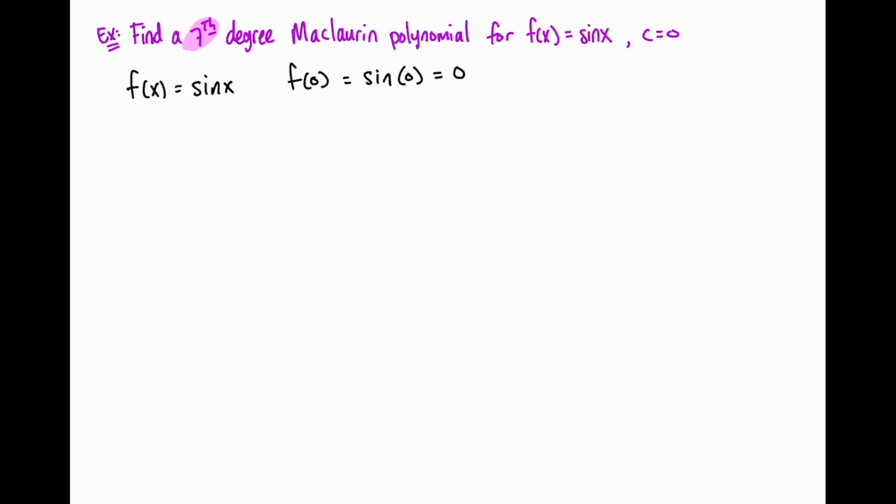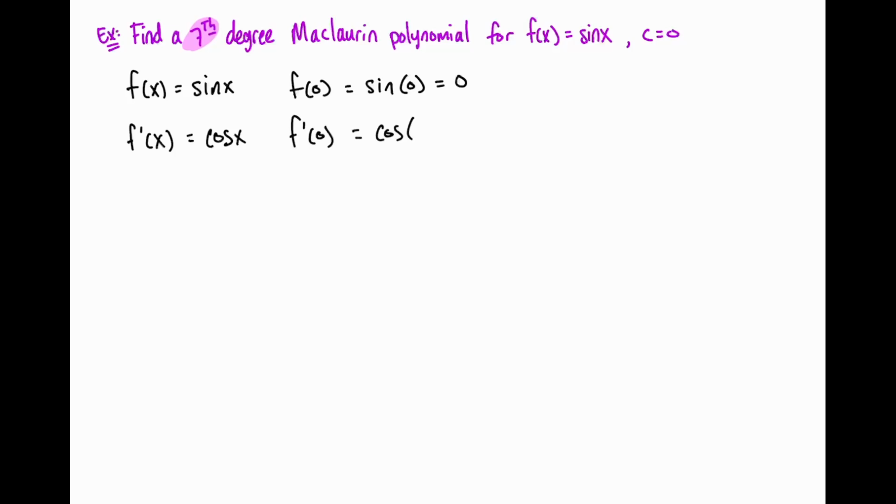So we have our start here. I want to find my first function value, f of 0. Great. I want to find my first derivative, which is cosine of x. And I want to find the first derivative at 0, which is cosine of 0. I'm just going to find derivatives, which is nice for trig functions because they are cyclical.